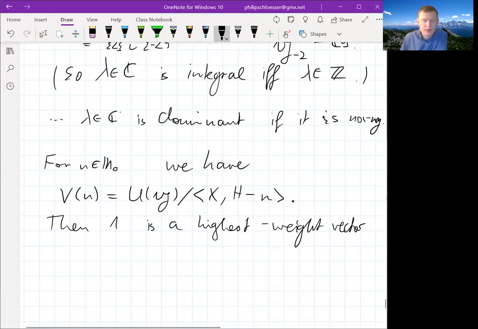And now we can get all the other vectors in this module by successively applying y. So define v_i by applying y i times to v_0.